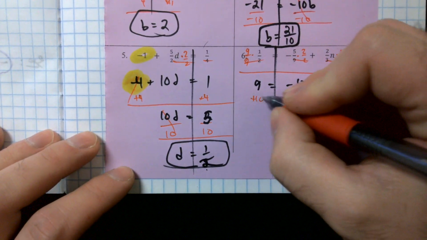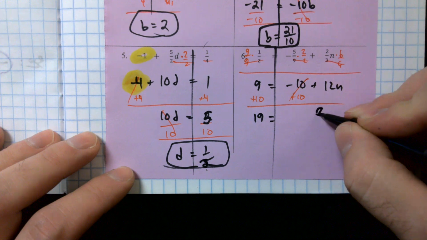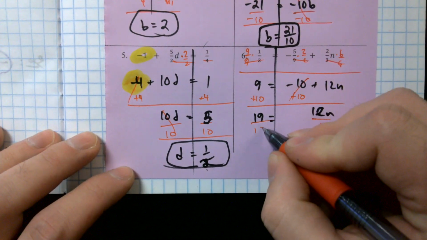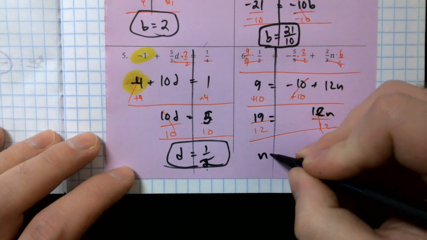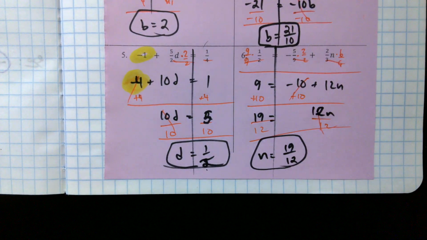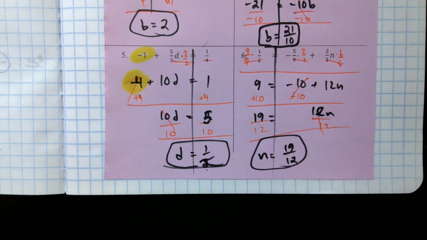Add my 10, add my 10. 19 equals 12n. What does 19 over 12 simplify to? 19 over 12. Give me a thumbs up, you got 19 over 12. Misty did. Vivian did. Levi, Benjamin, Oscar did. Good.